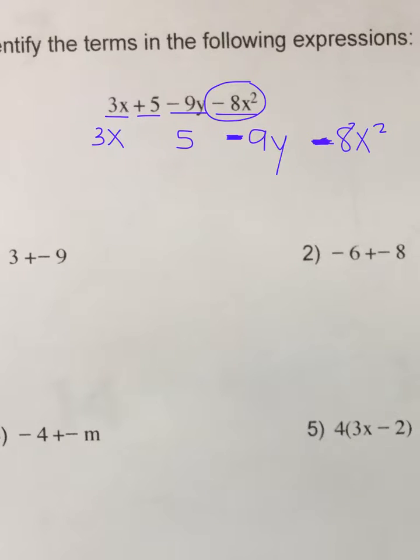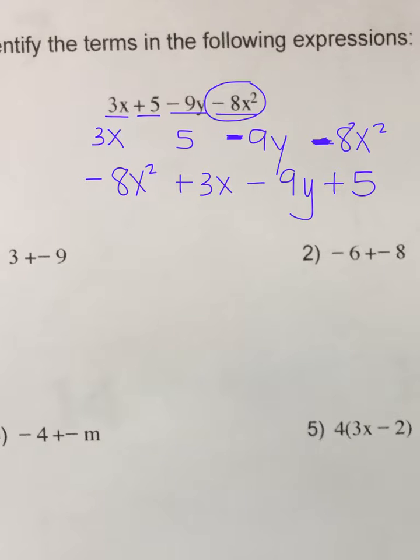If I were going to rearrange these in a different order, I would say negative 8x squared plus 3x minus 9y plus 5.